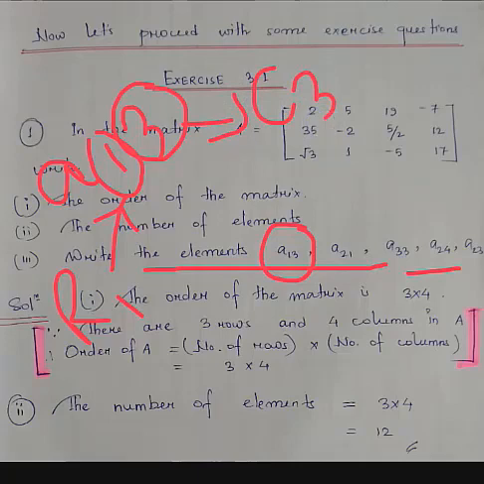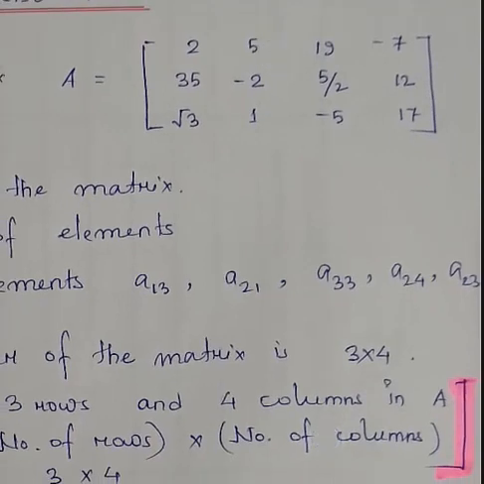So the element lying in the first row and the third column will be the required position of A13.